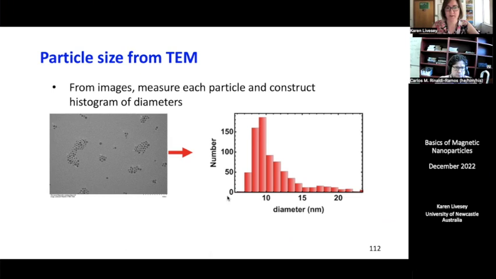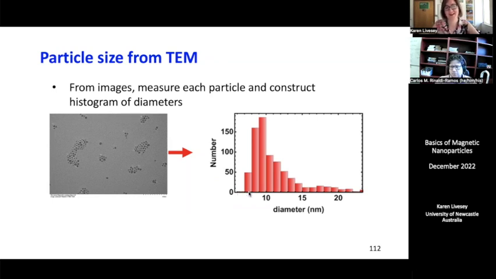So I've made here a plot with diameter in nanometers on the x-axis, and there are some bins here that are each only 1 nanometer wide. And then I've got the number of nanoparticles I measure from that image in each of the bins. So down near 0, there's none, that's good, no tiny nanoparticles.